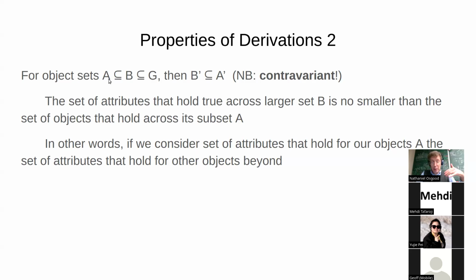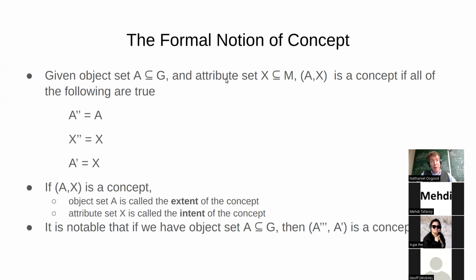Kind of stands to reason. But you notice it's contrarian. A is a subset of B here, but B prime is a subset of A prime, right? The order is reversed, right? A is a subset of B, but B prime is a subset of A prime. Okay.